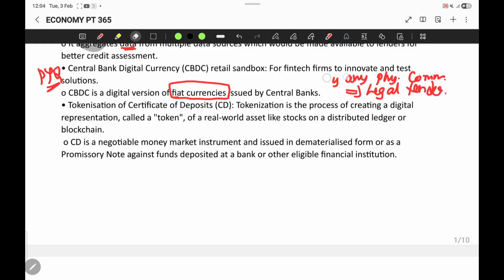The countries have to accept this as a currency. So whenever you go and pay somewhere using CBDC, you cannot accept any kind of conflict from the opposite person. For example, US dollar, pound sterling, Indian rupee, these are all fiat currencies.